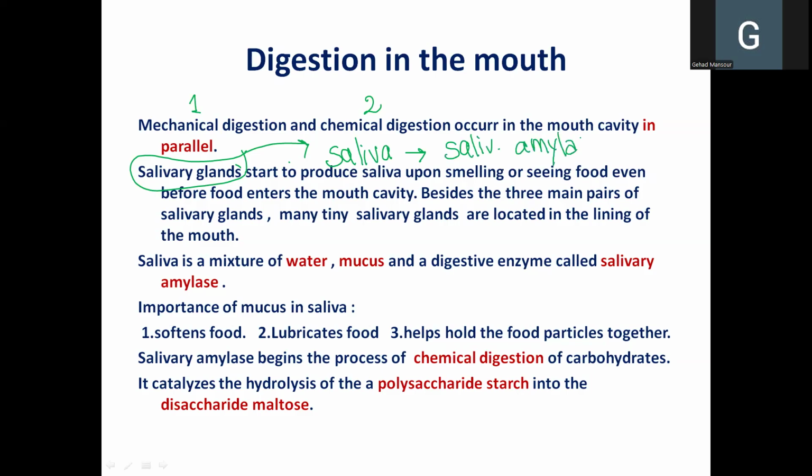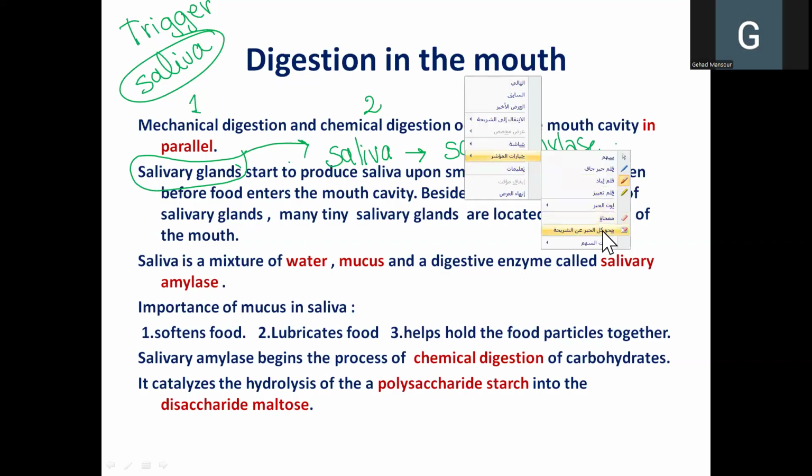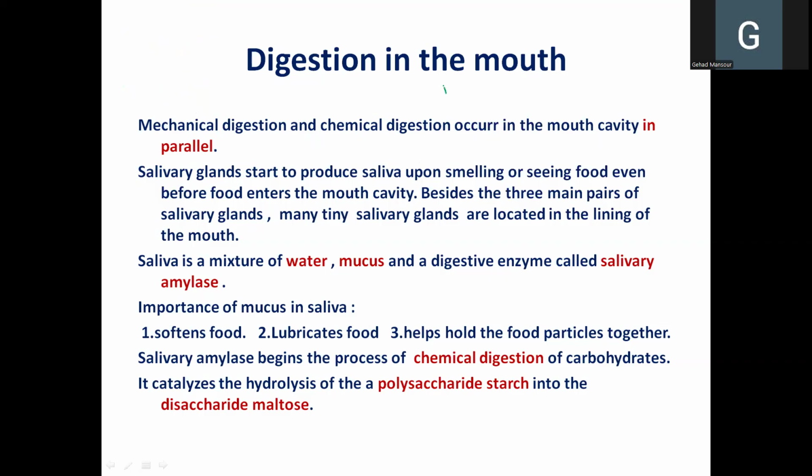And what is the trigger or the stimulus for secreting saliva? The trigger is not only putting the food in your mouth and tasting it, but even smelling food, or even seeing food, or even remembering a type of food that you like, will reflexly stimulate salivary secretion.